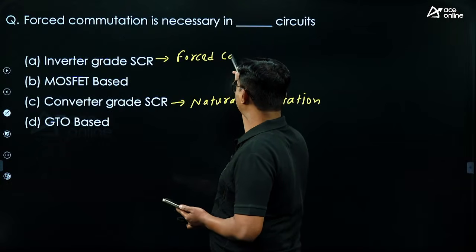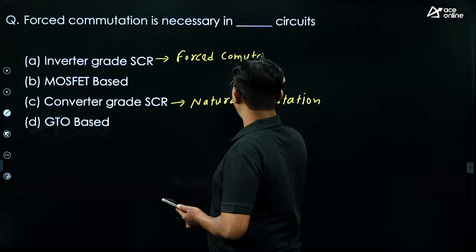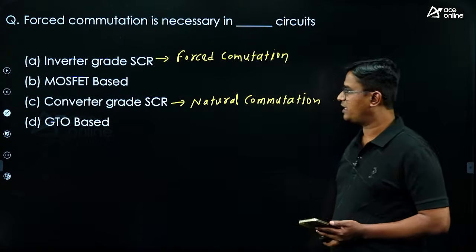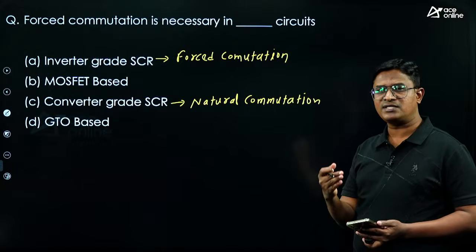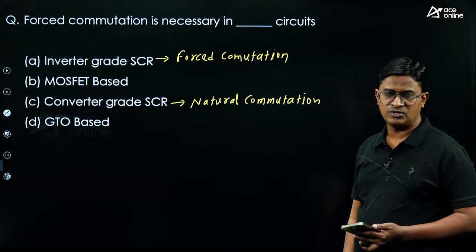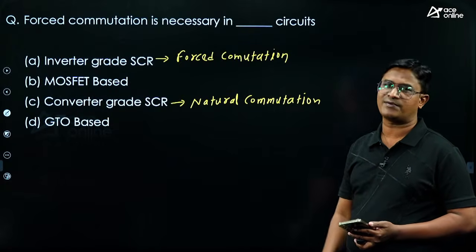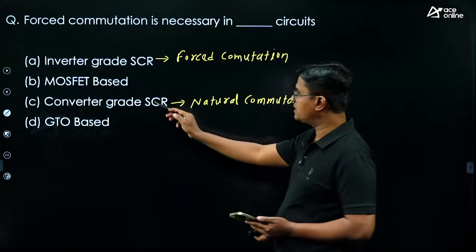In forced commutation, to turn off the SCR, an additional circuit is required, right? What about MOSFET and GTO? These are fully controlled devices. So their control circuit itself is sufficient to turn on and turn off the device. Here a commutation circuit is not required.